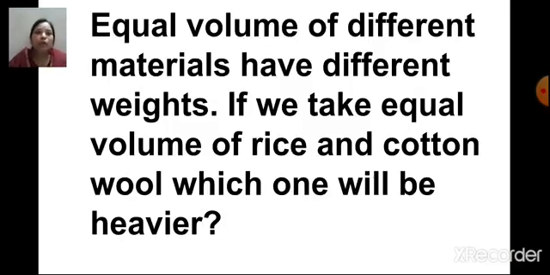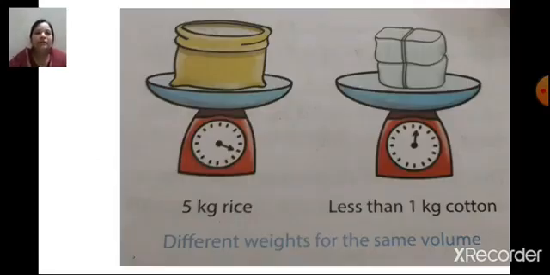Equal volume of different material have different weights. If we take equal volume of rice and cotton wool, which one will be heavier? Can you tell me? Of course, rice will be heavier because, let us see, different weights of same volume. The volume is same.